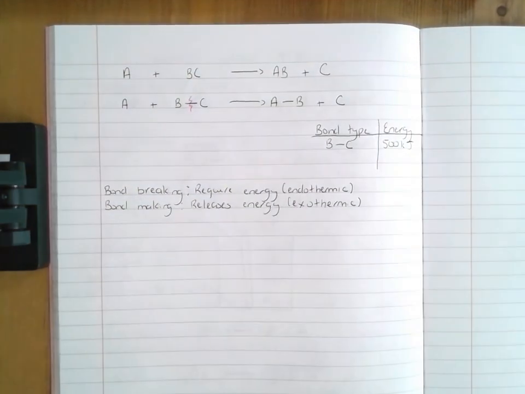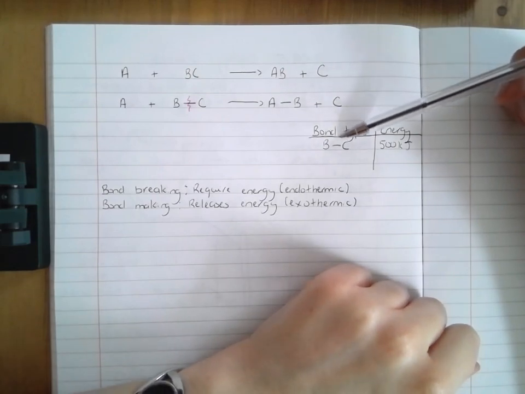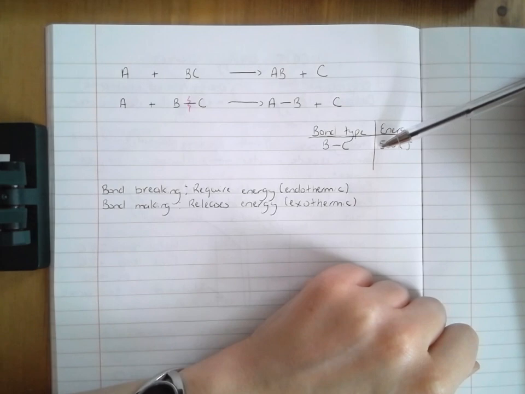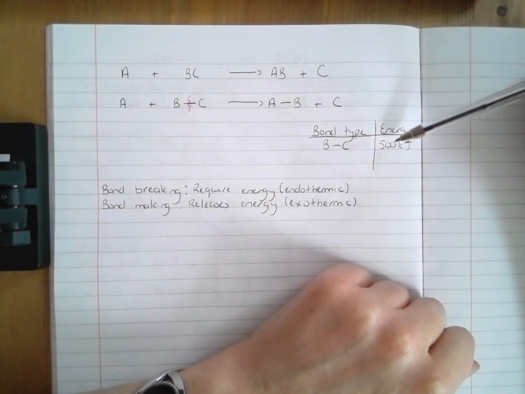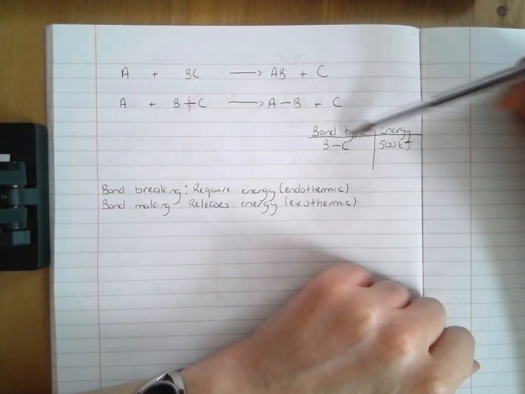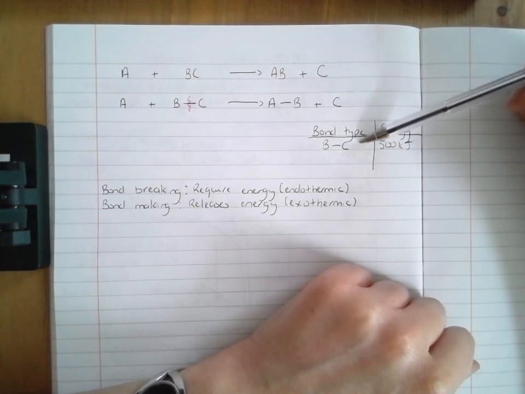Remember, joule is the unit for energy, and I'm just using kilojoules. And what this tells me is that if I were to break the bond between B and C, I would need 500 kilojoules of energy. And if I were to make a new bond between B and C, I would release 500 kilojoules of energy. So there's just one value for energy associated with one bond type, and that tells you how much energy would be required to break the bond or would be released if that bond were made.